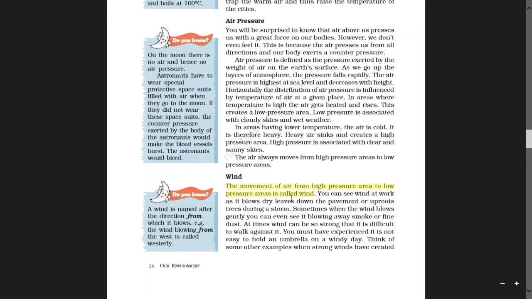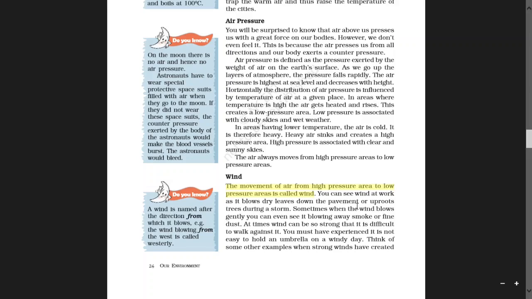You can see wind at work as it blows dry leaves down the pavement or uproots trees during a storm. Children, you can see this wind at work as it blows dry leaves of different trees down the pavement or uproots trees during a storm.